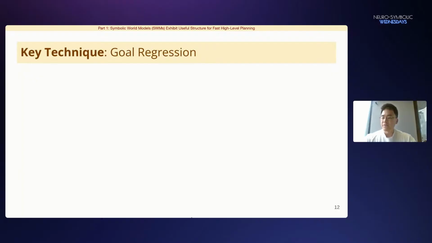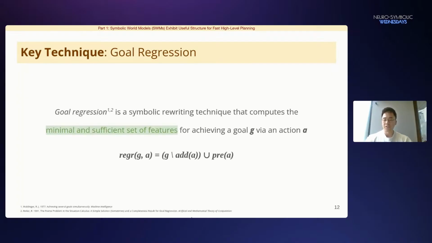There are several ways we can learn policies, but in this paper, our key silver bullet is this very old technique of goal regression. Goal regression was introduced several decades ago by Waldinger and also Raymond Reiter. It's a symbolic rewriting technique that computes the minimal and sufficient set of features for achieving a given goal via an action.